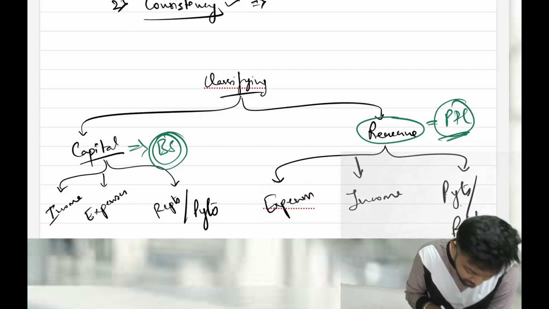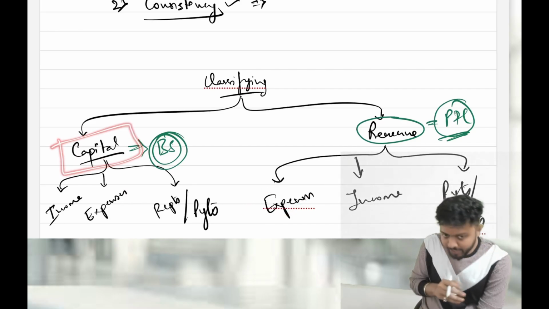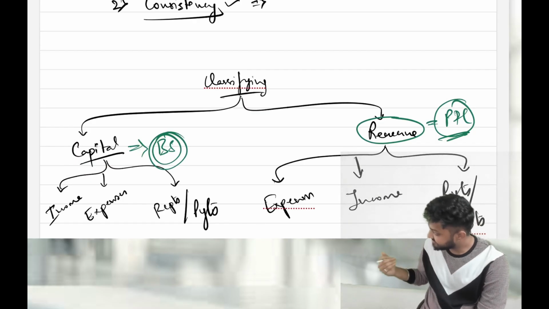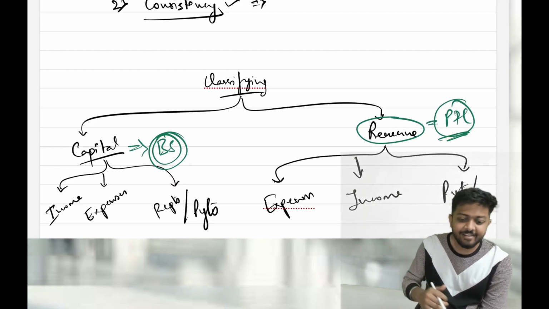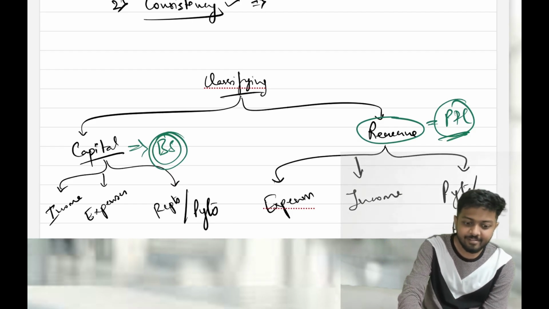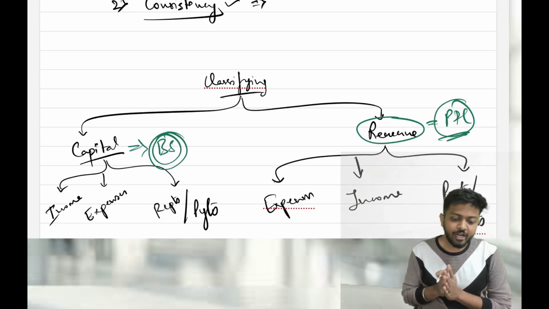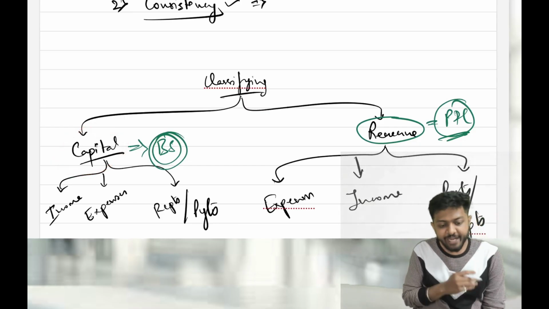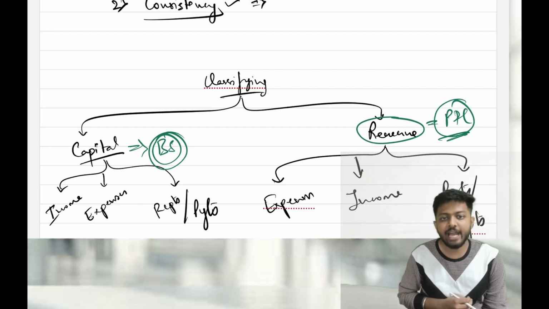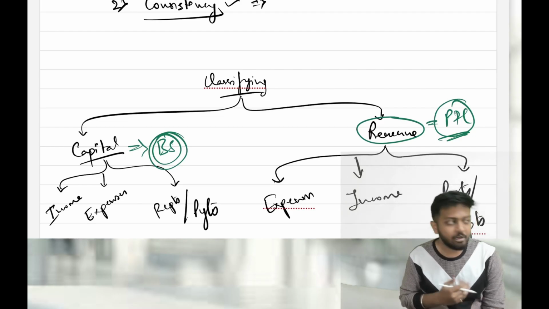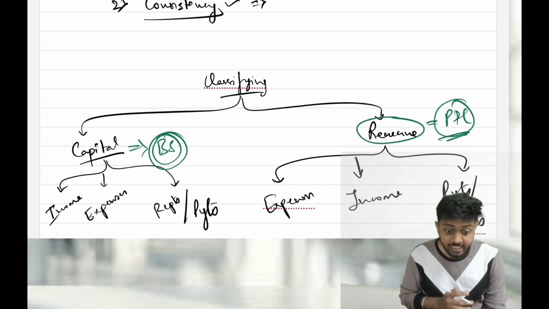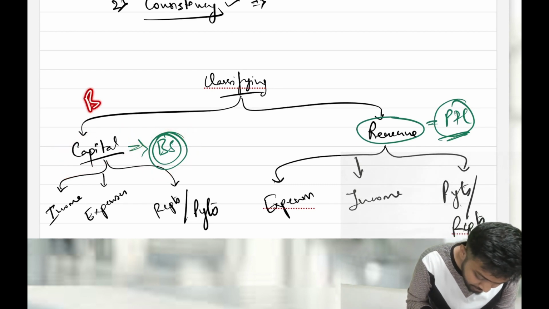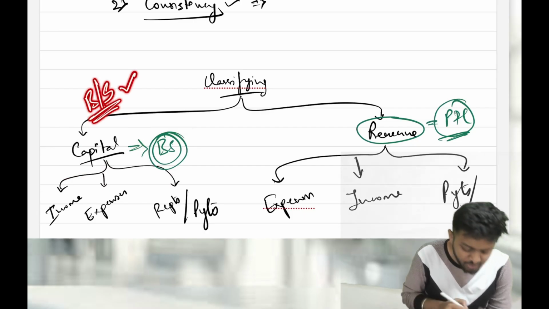Before that, whatever I call as capital, be it capital receipt, capital payment, capital profit, or capital loss, this will affect the balance sheet. Whenever I say something as capital, it will affect the balance sheet.